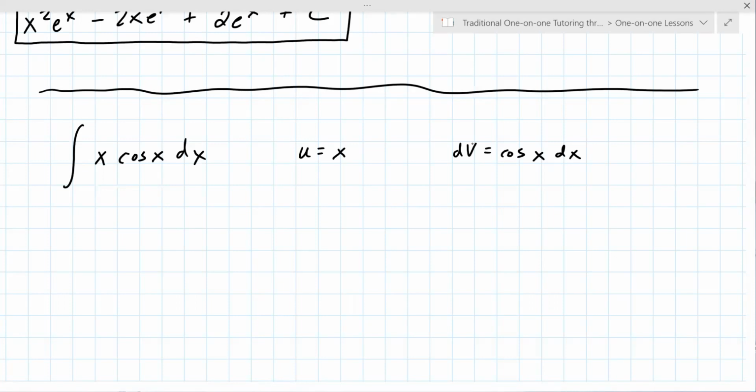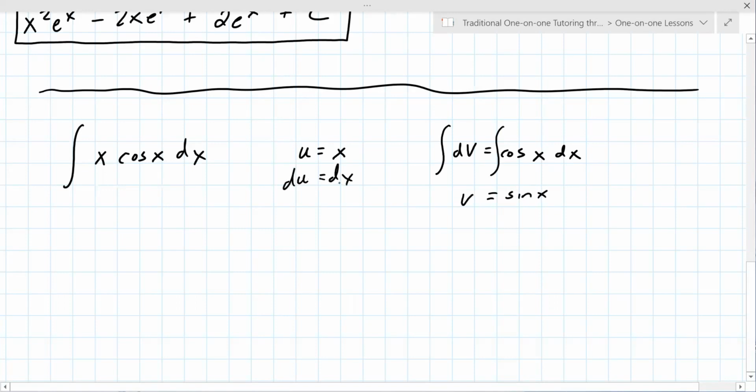The dx goes over here on the right because you're actually integrating both of these. So it ends up being v equals sine x, and then du equals dx. Last time we did it like dx equals dv over something?